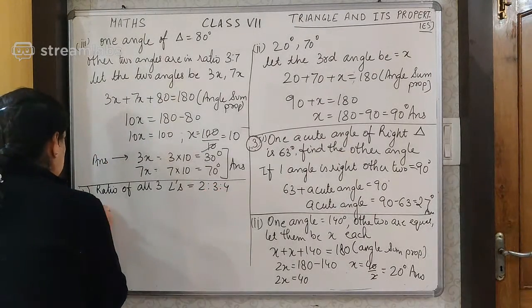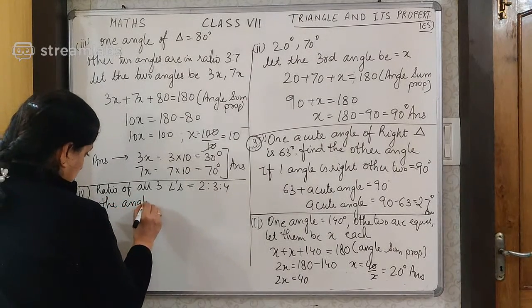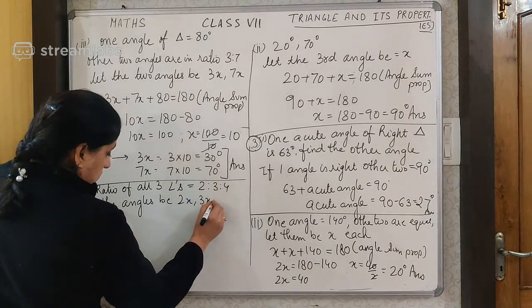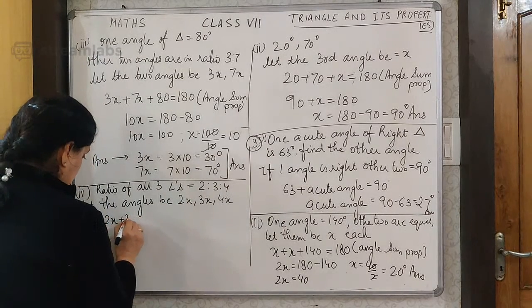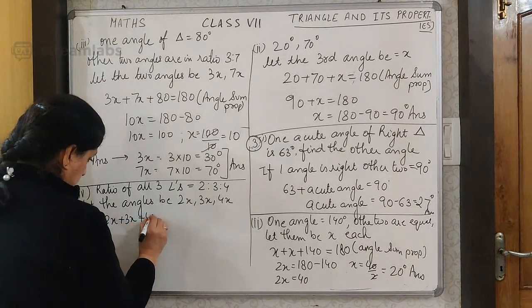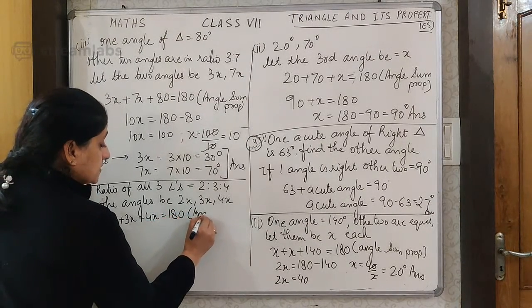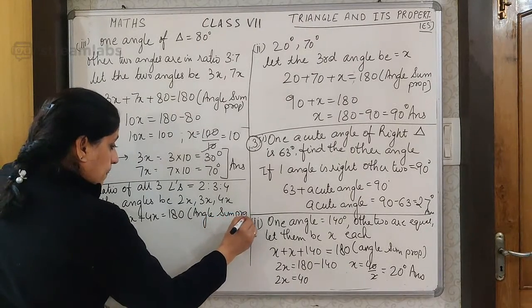So let the angles be 2x, 3x and 4x, and the sum of these angles should be equal to 180 because of the angle sum property.